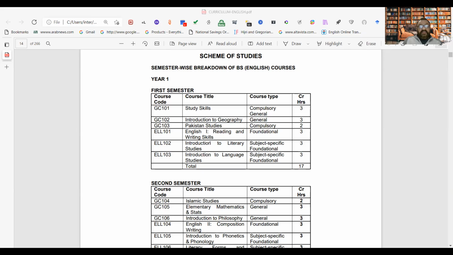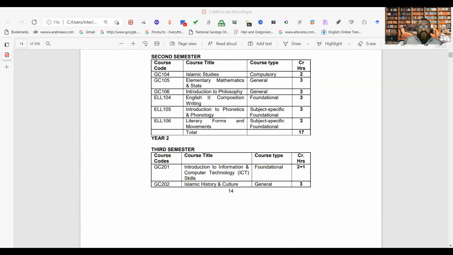English 1, reading and writing skill. That was the necessity of the time to include this course. This is good, but it's foundational, not higher level. 3 credit hours. Introduction to literary studies, subject-specific foundational, 3 credit hours. Introduction to language studies, subject-specific foundational, 3 credit hours. Total 17 credit hours for year one.